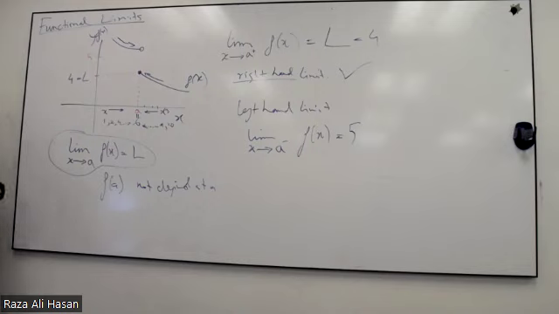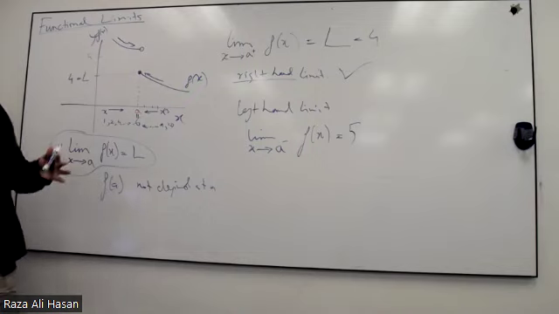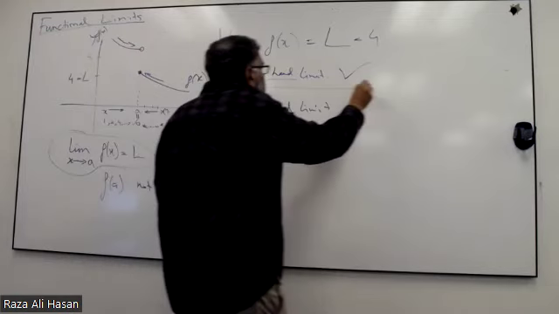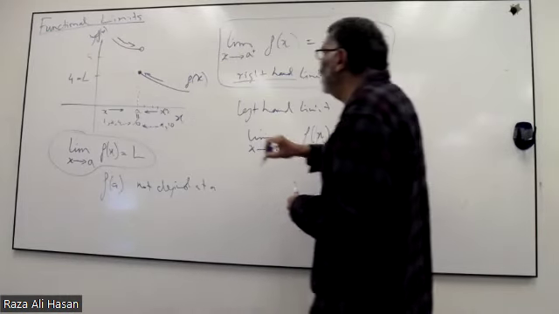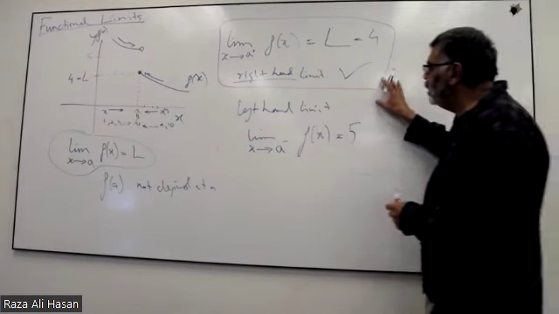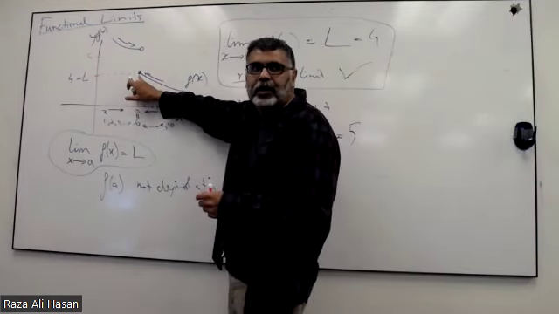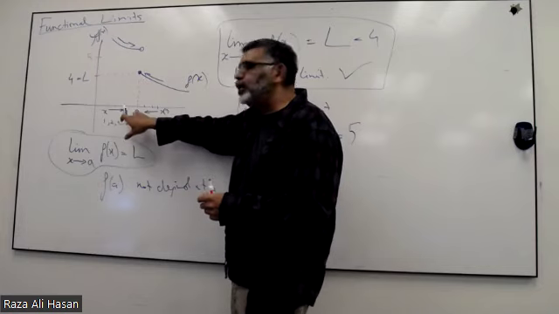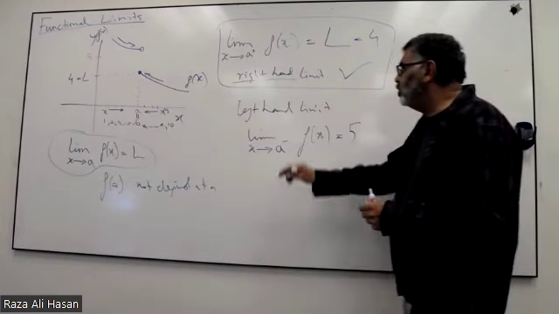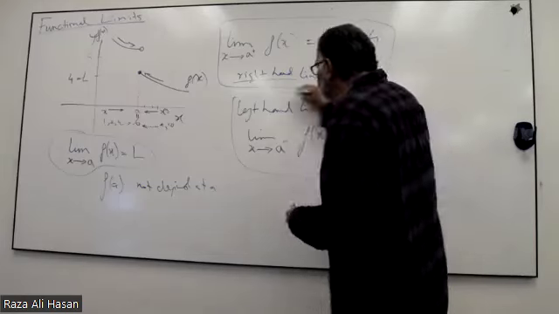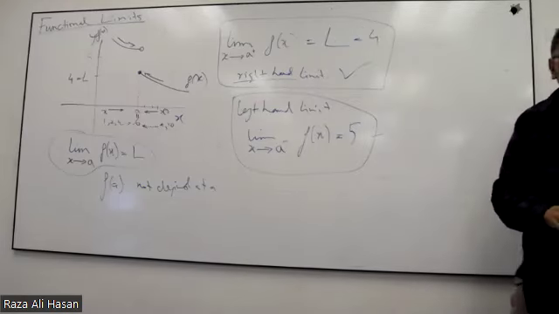Is this function defined at a? Yes. And in fact, for this one, from the left hand, the function seems to be defined at the point we're interested in, a, and for the right hand one, it isn't, and it doesn't matter.